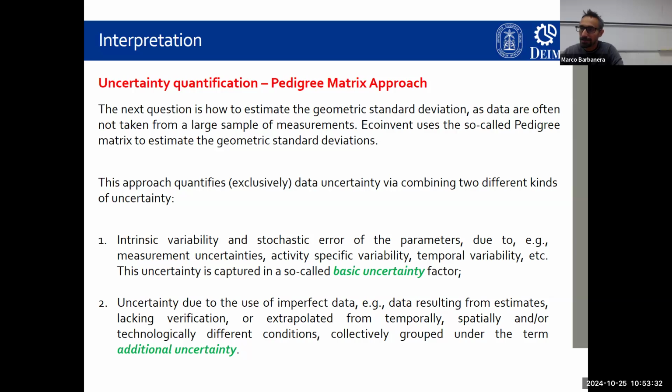So the idea is to copy this approach to calculate the square standard deviation also for, for example, our data that we use in our life cycle. This approach is called the pedigree matrix.